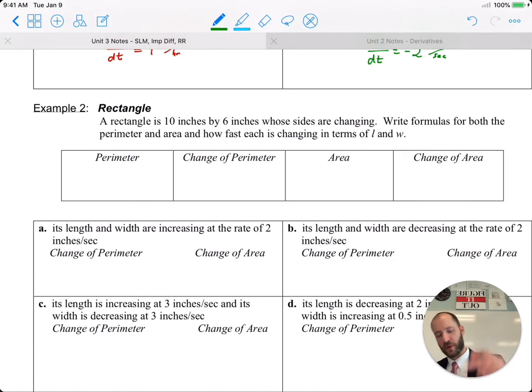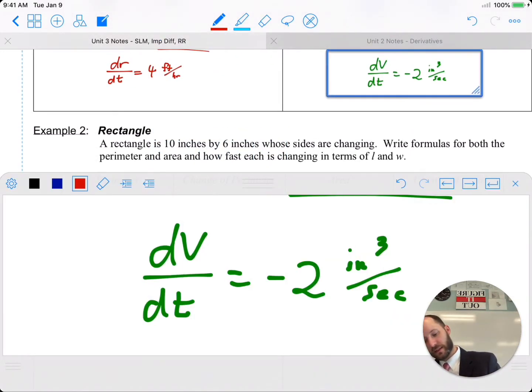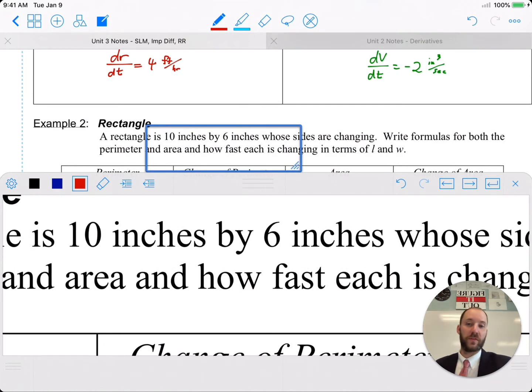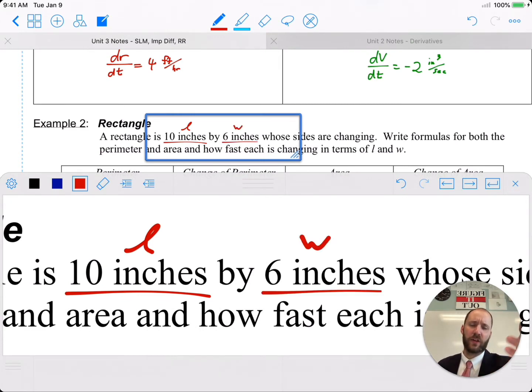So let's look briefly at example 2. A rectangle has dimensions of 10 by 6. So 10, we'll call that the length, 6, call that the width. Of course, in a rectangle, those are interchangeable, so it could be 10 by 6 or 6 by 10, whatever.